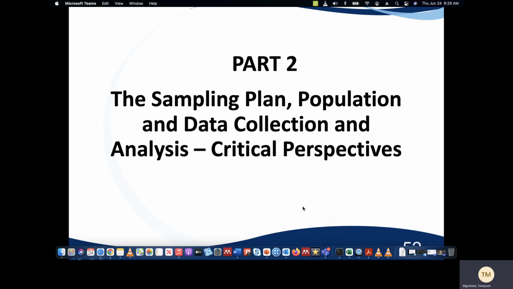Then I will follow that with some targeted examples of quantitative sampling. Remember, these sessions so far have been focused only on quantitative options. So the qualitative set of sessions will follow after this. But then I'll introduce you to those, and I will also share some critical perspectives around that.